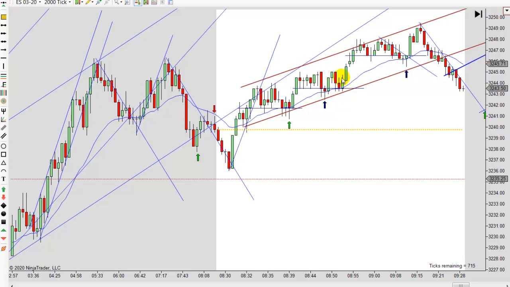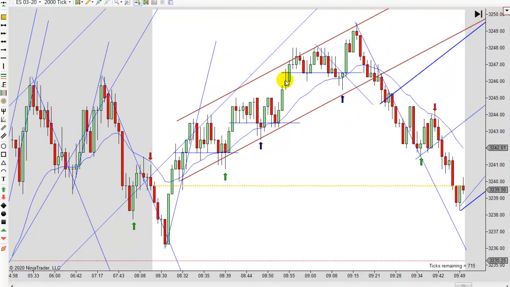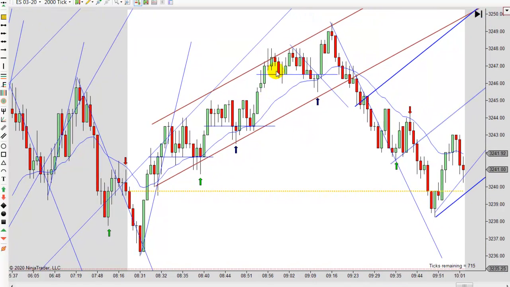If you got a better signal bar here with more room to get out, maybe you would enter here. But if you enter here, you end up getting this right here. And I'd be looking for runners on these too. And then this is basically a repeat pattern of this. And then now you get another repeat pattern of it. You're going sideways.